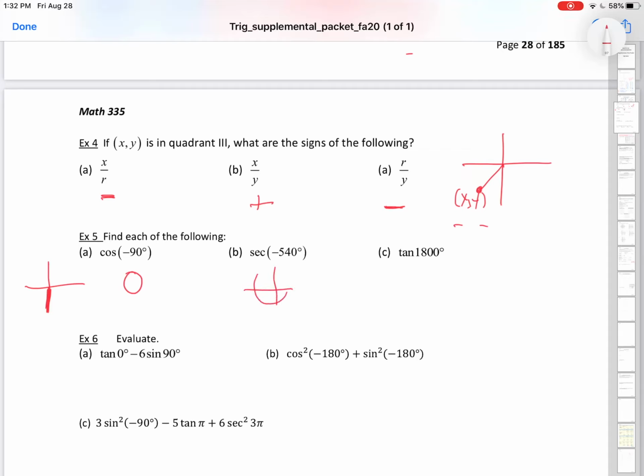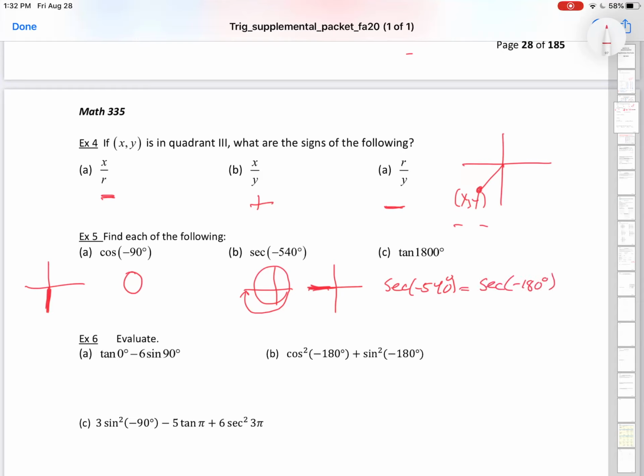So here's negative 360, and then we would go 180 more. It's right here. Now secant is the flip of cosine. So the secant of negative 540 is going to correspond to the secant of negative 180 degrees. Well, what's that going to be?